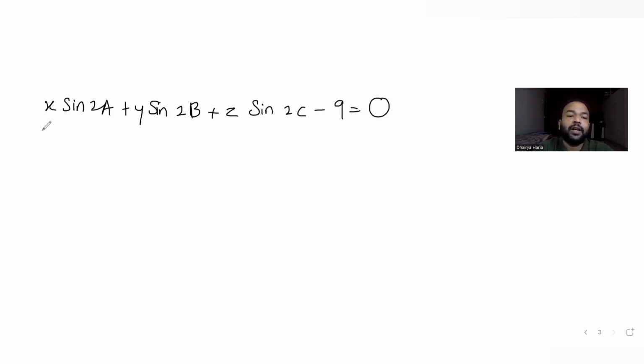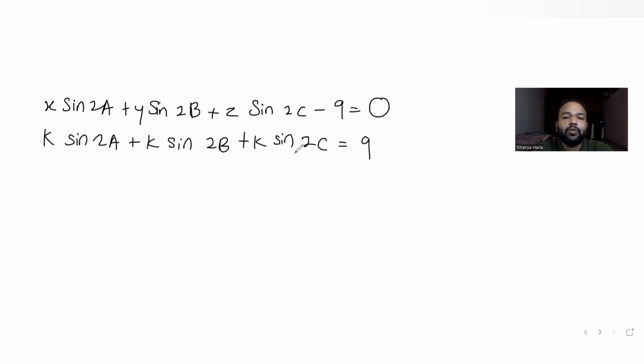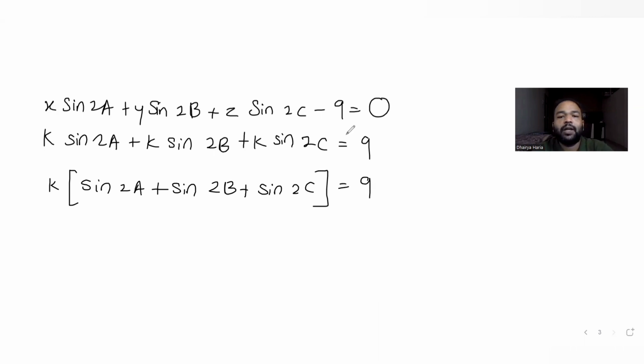Again, if I put x, y, z all equal to k, k sin 2A + k sin 2B + k sin 2C = 9. Taking k common, sin 2A + sin 2B + sin 2C = 9/k. So this is my second equation.